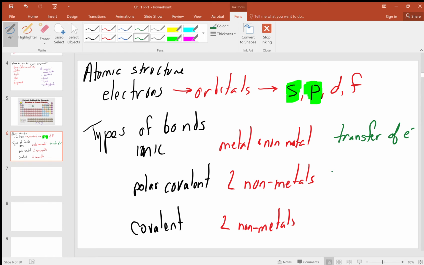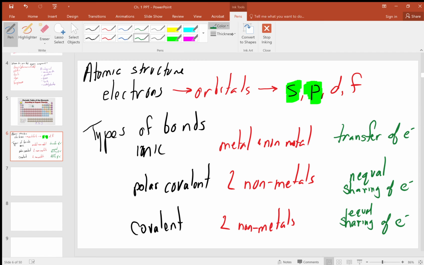Polar covalent is when we have sharing of electrons, but the sharing isn't equal. And covalent is when we have equal sharing of electrons.